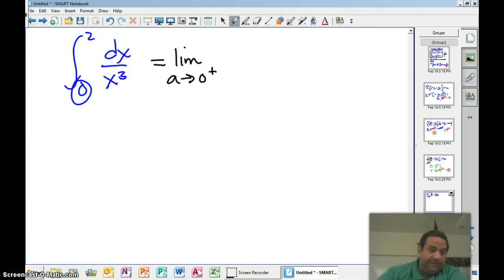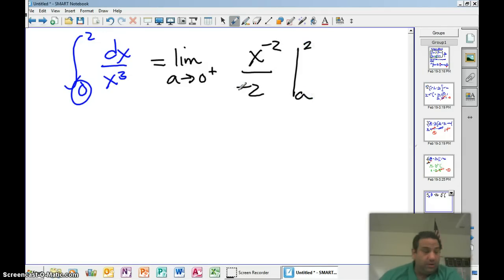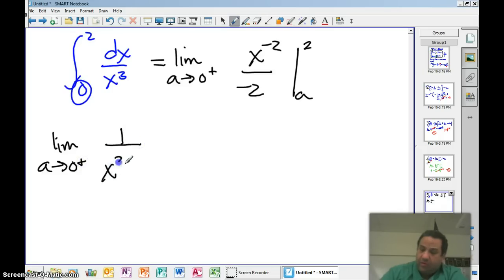And this would be of x to the negative 2 over negative 2 evaluated at 2 and a. So at 2, we get negative 1/8, I believe, because this is the same thing as the limit of a going to 0 from the right of 1 over negative 2x squared. So that when I plug in 2, I'm going to get negative 1/8.